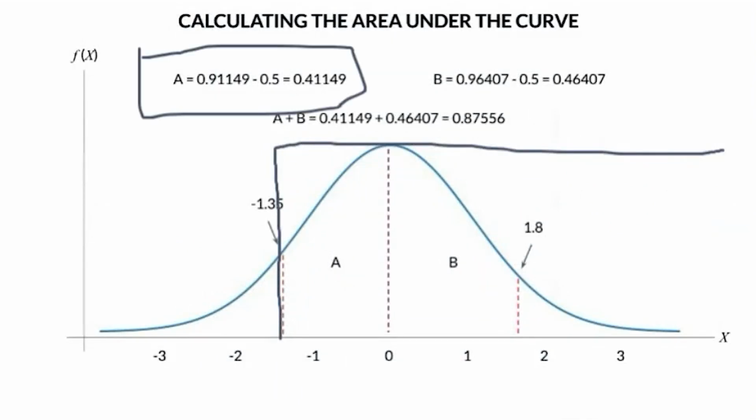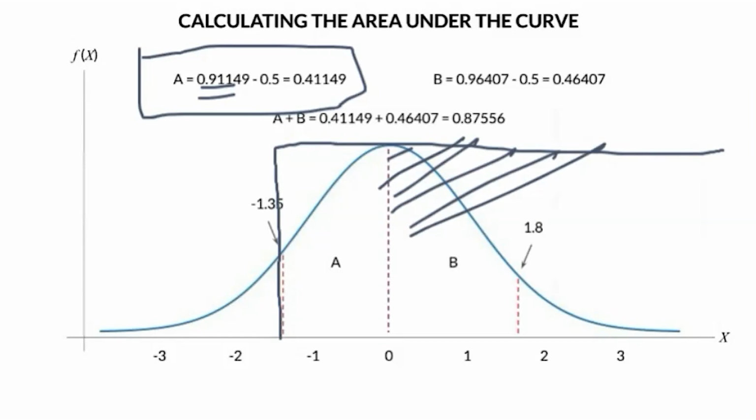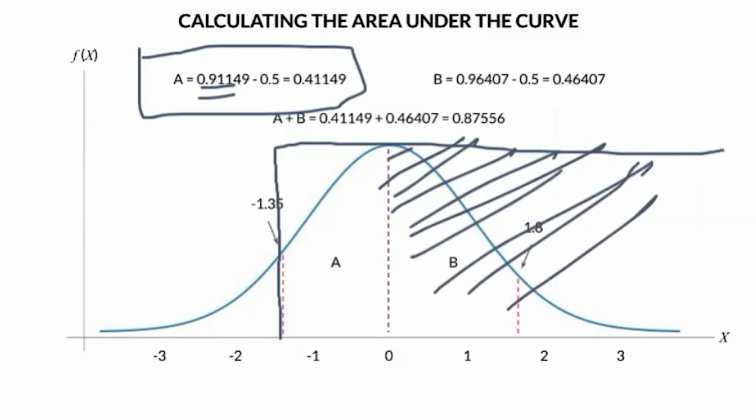Okay, so from the full right up to minus 1.35, that value is 0.91149. It's a probability value, a cumulative probability value. Minus what? Why minus 0.5? Because I need to cut off this value, right? First I need to calculate A, so I need to cut off this value. And what is this value? This is the middle value.